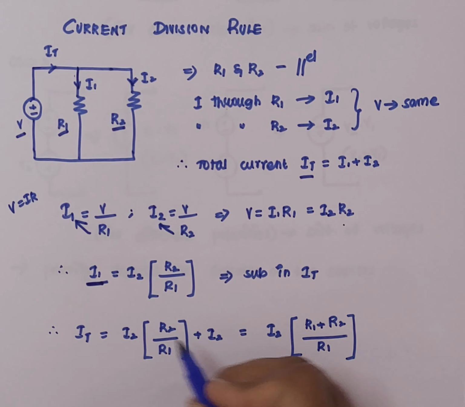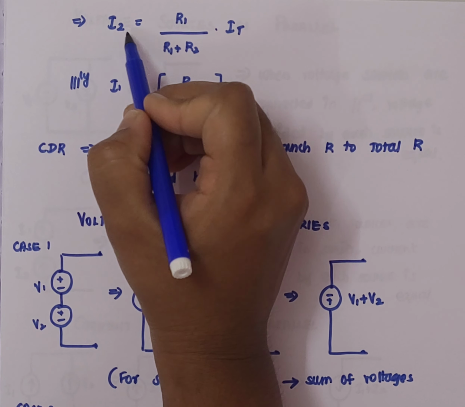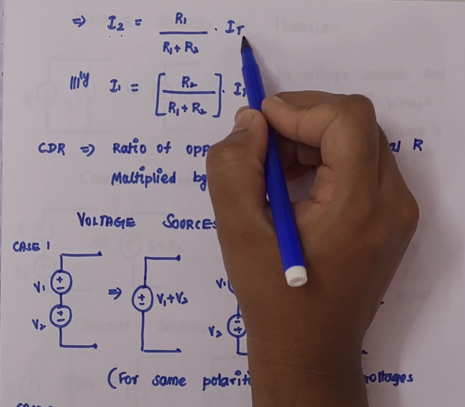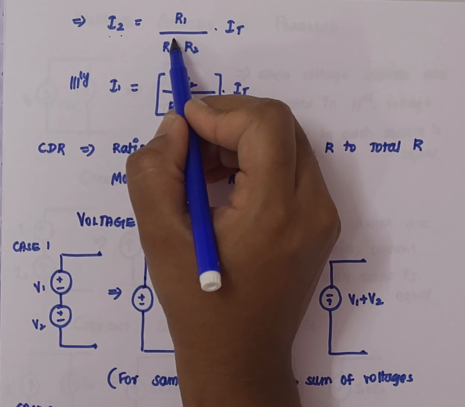We can take I2 in common, and after taking the LCM we will get R1 plus R2 divided by R1. From this we can calculate the value of I2, which is equal to R1 divided by R1 plus R2 into IT. Similarly, the value of current I1 will be equal to R2 divided by R1 plus R2 into the total current IT.